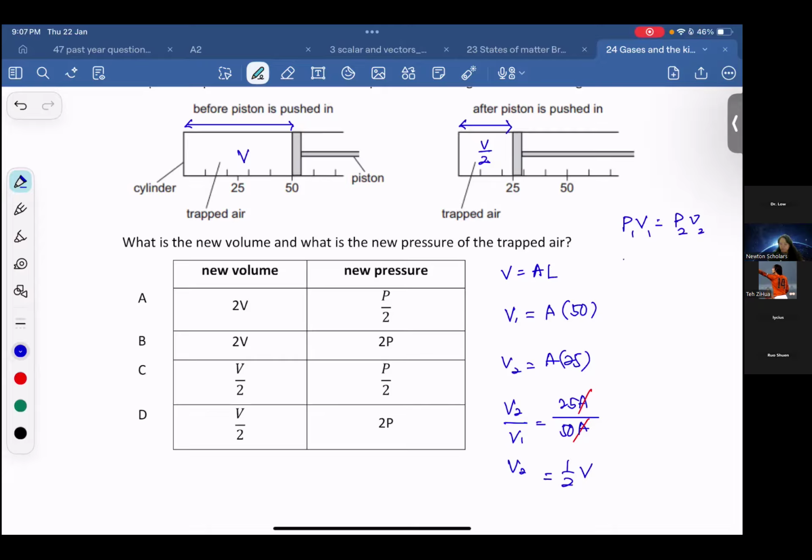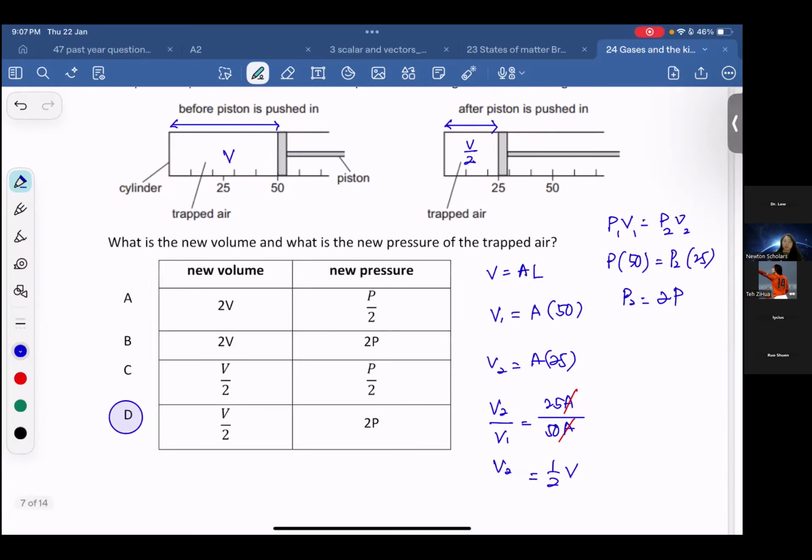The pressure one is P, volume one you can represent using the length, equals P2, the new pressure, times 25. So your P2 will be 2P. Answer will be D.